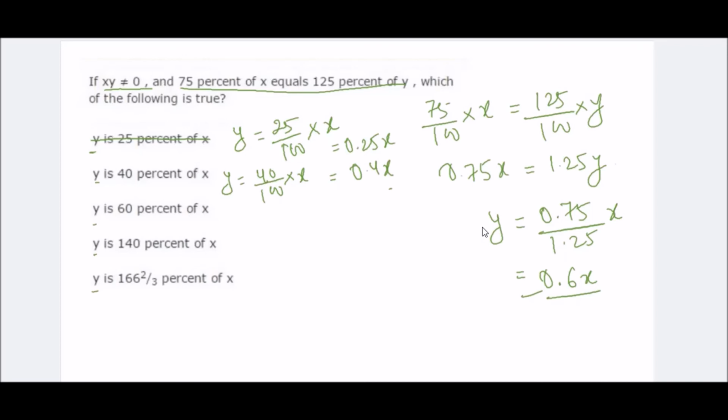This is also not equal, eliminate it. So next is y is equal to 60% of x, so that will become 0.6x, that is equal. So this is our answer. We don't need to find out the other two values because we have to choose only one, as it mentions which of the following is true.